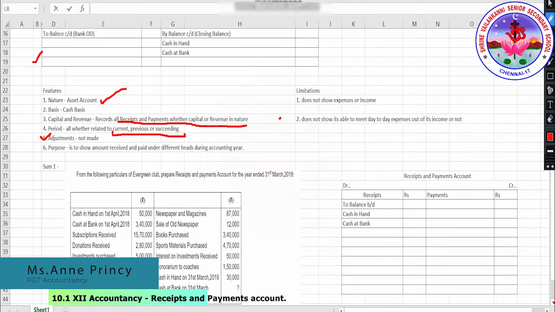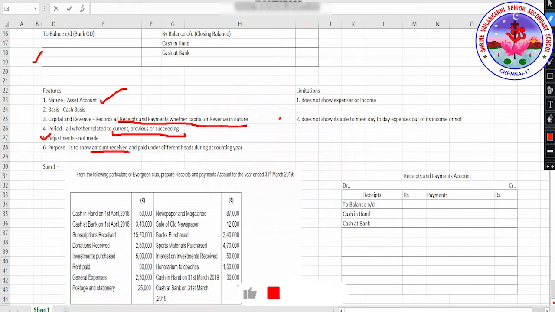Then the purpose is to show the amount received and paid under different heads during the accounting year. That's it.